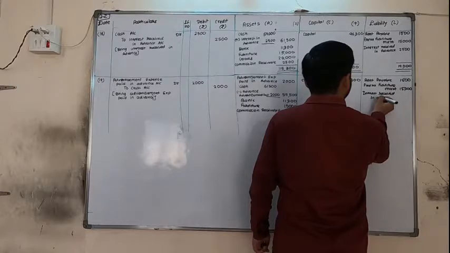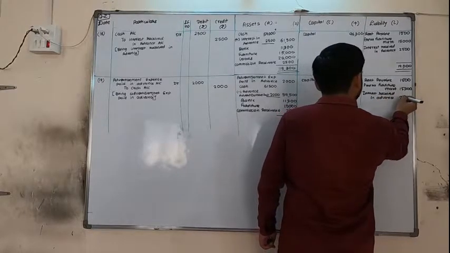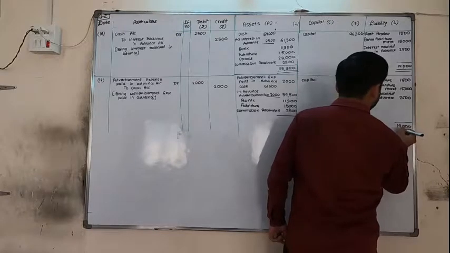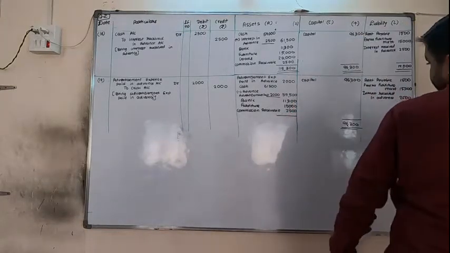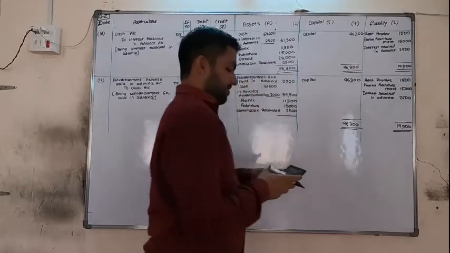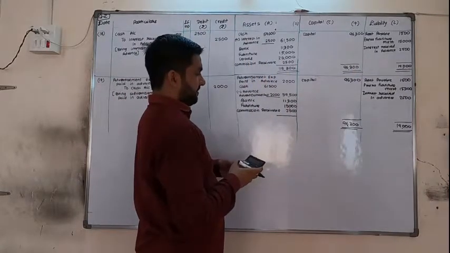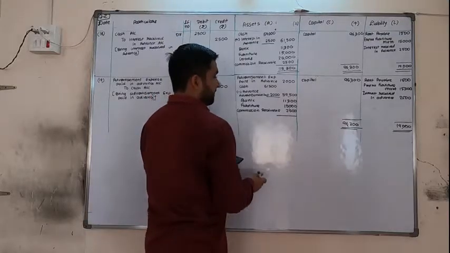Interest received in advance 2,500. So 19,000. 2,000, 59,500, 11,300, 15,000, 2,500.